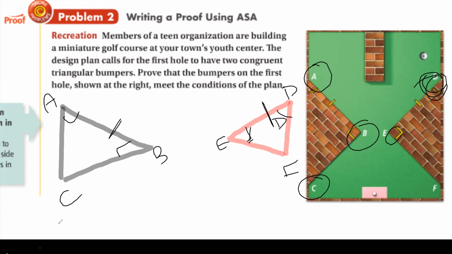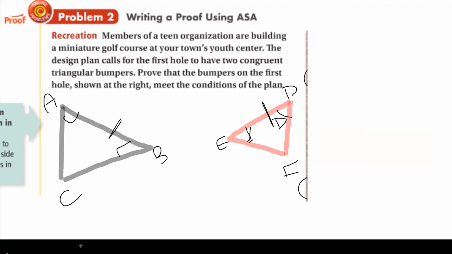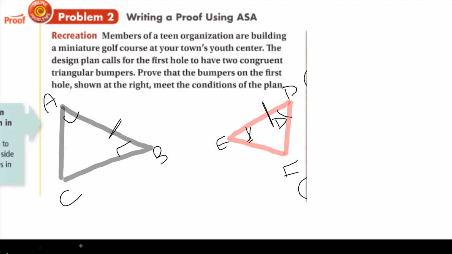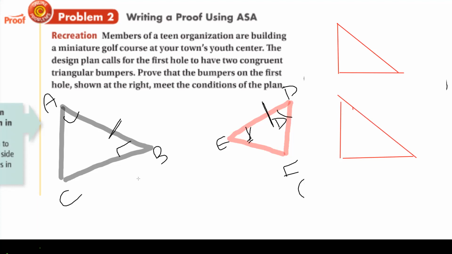Let's now redraw them. Now, here we have E that has a right angle.